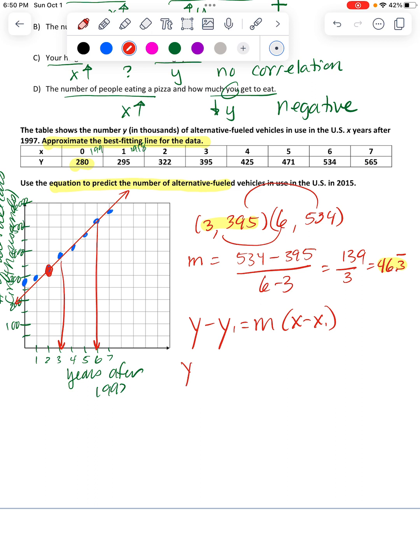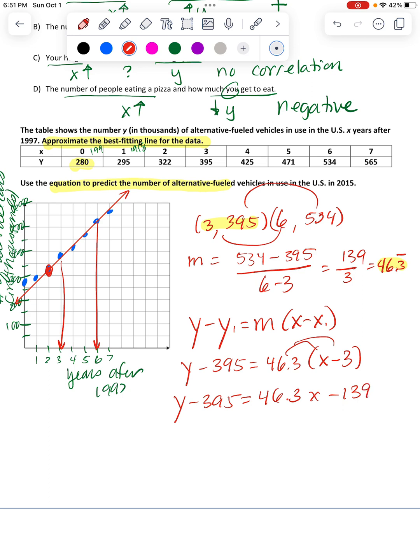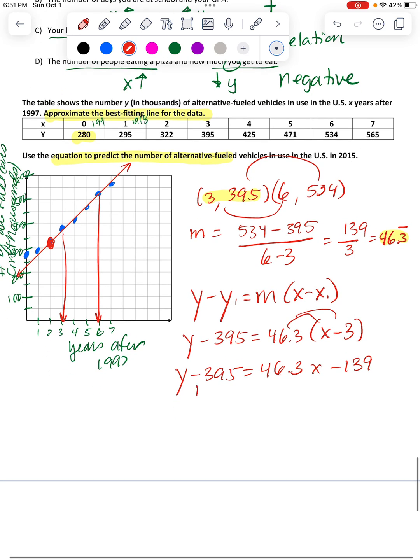So I'll have y minus the y value of the point that I chose equals the slope times x minus the x value that I chose. And then there's always 2 steps from there. One is to distribute this, and then to add or subtract, if needed, this number over.